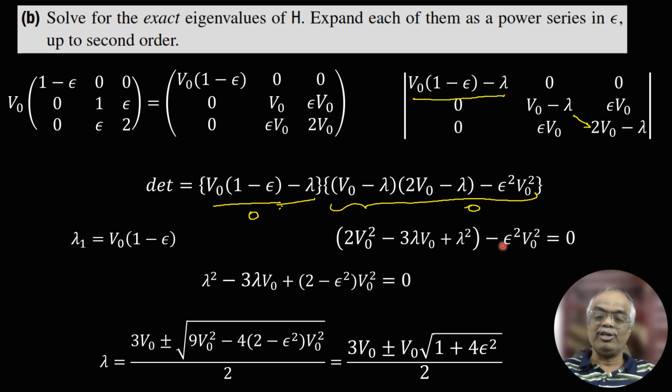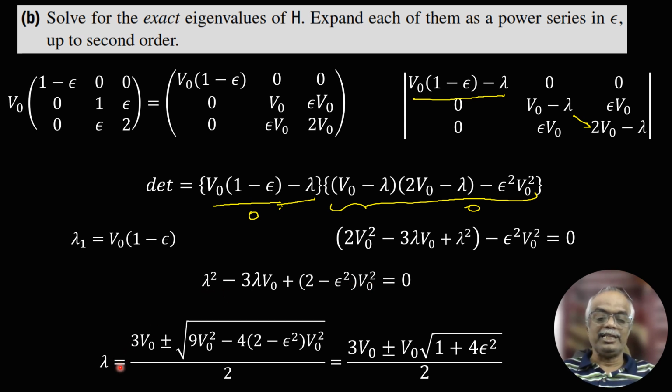This is the quadratic form. So with respect to lambda, I can rearrange and write lambda squared minus 3 V naught lambda plus (2 minus epsilon squared) V naught squared.